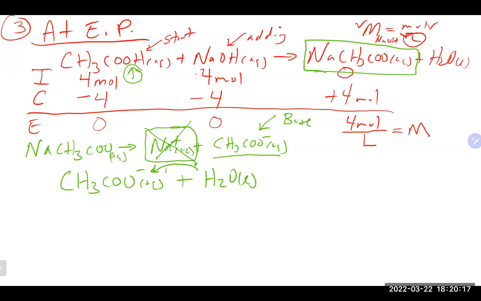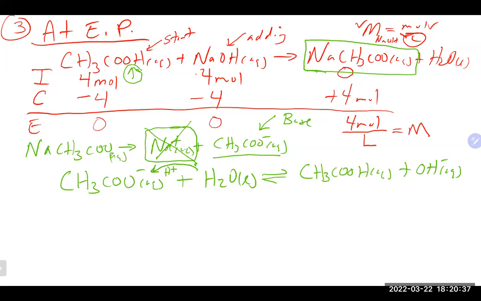It should accept an H+, right? Because it's going to act as a base. The result of that is, as we talked about with salts, it will always make where it came from, which is acetic acid. And we will then produce some hydroxide as the water gives up that H+.